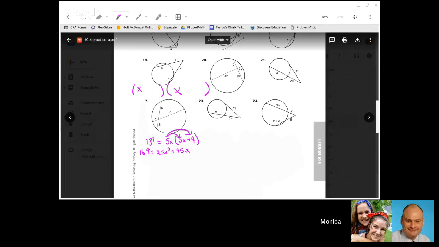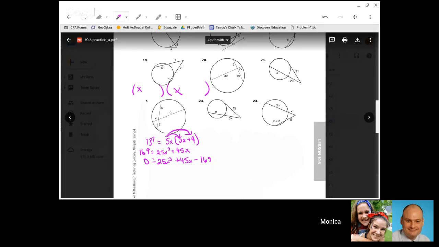So we're kind of undoing FOILing. So we've got to have it set equal to 0 to factor. So we're going to bring this 169 over, okay? So I'm going to say 0 equals 25x squared plus 45x minus 169.